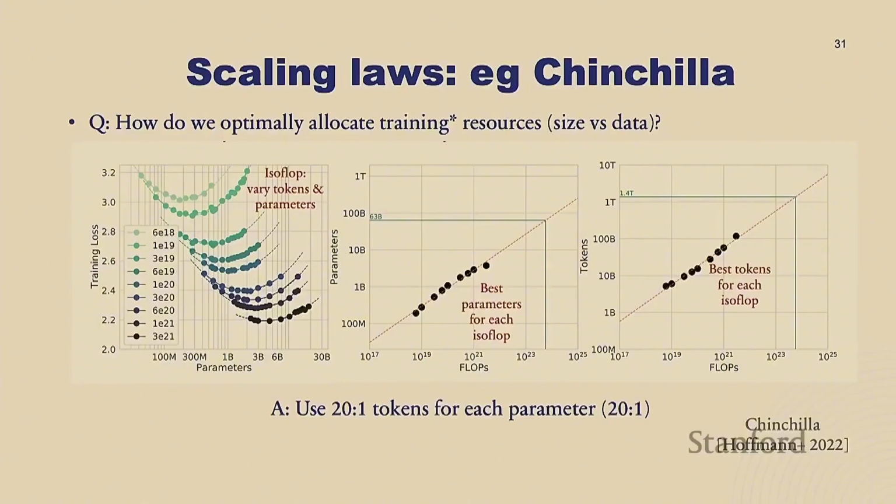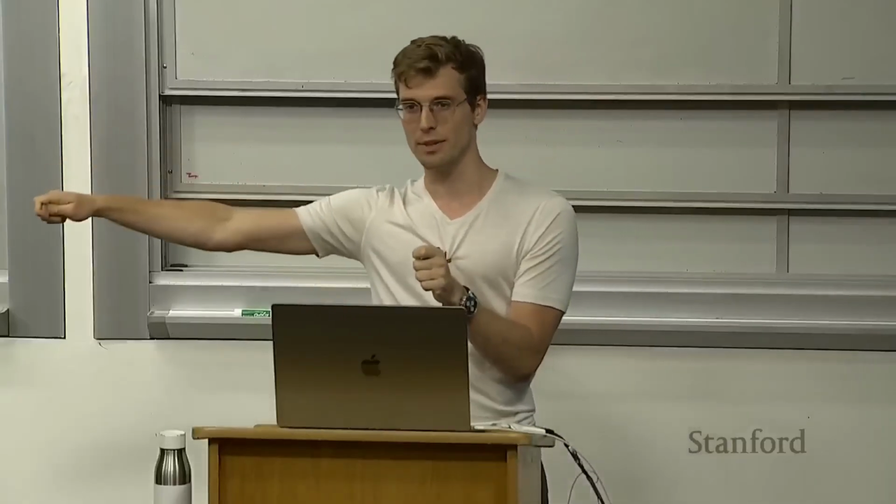So that is telling me, if you have 10 to the power 23 flops, or if you have, I don't know how much that is, $100 million, or 10, no, that's much less actually. Let's say I have $5 million to train my best model that gets the lowest loss. What would I train on? In reality, these companies need to think about inference also. If you have a smaller model, they will spend less over time.